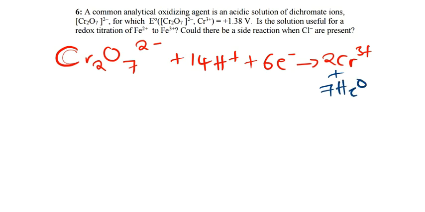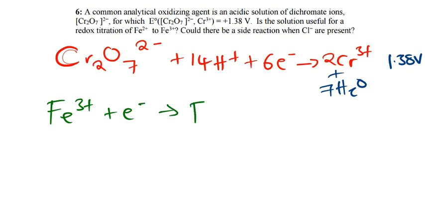I'm interested in the value 1.38 volts given to us. Then for the iron 3 to iron 2, this is 0.77 volts.